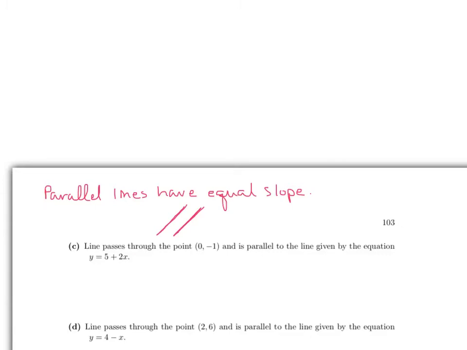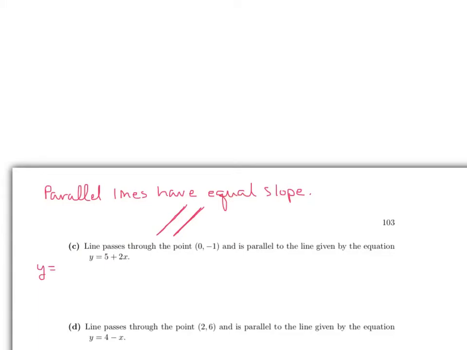Okay, now let's jump into part C. We're looking for a line that passes through the point 0, -1, and the line has to be parallel to the line that has this equation. Let's start by sketching a graph. So first of all, let's rewrite the equation of the line that's given to us.